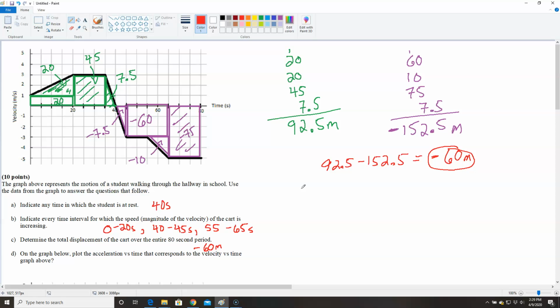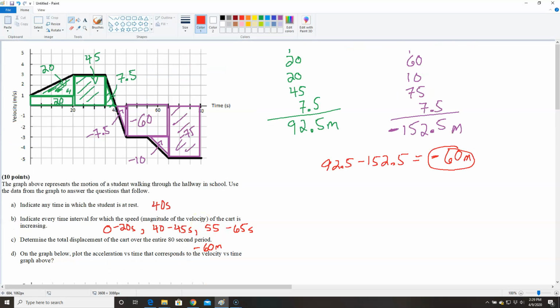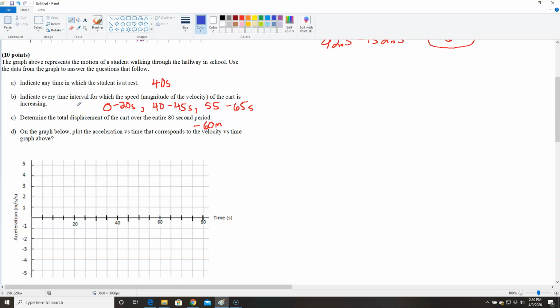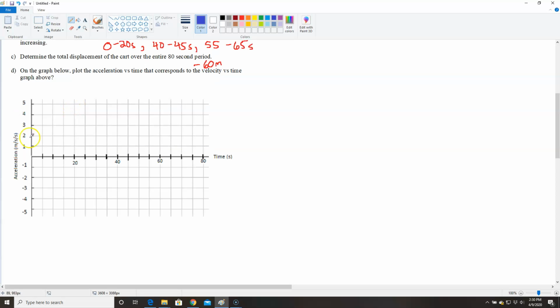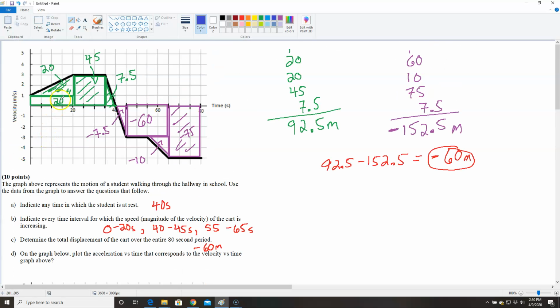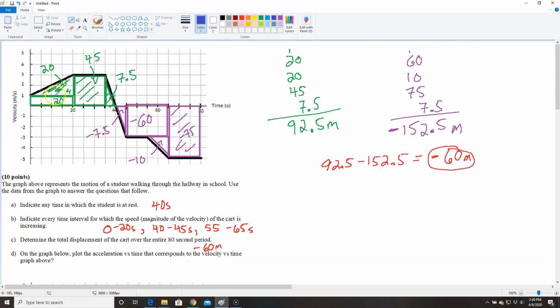And the last thing is, on the graph below, plot the acceleration versus time. So the acceleration versus time, what you're actually looking at is what is the slope of the line at any point. Let's take a look at the first 20 seconds. The slope of this line is a rise of 2 over a run of 20. I'm going to have to change my y-axis scale here really quick. The reason being is I have a rather large quantity of seconds.